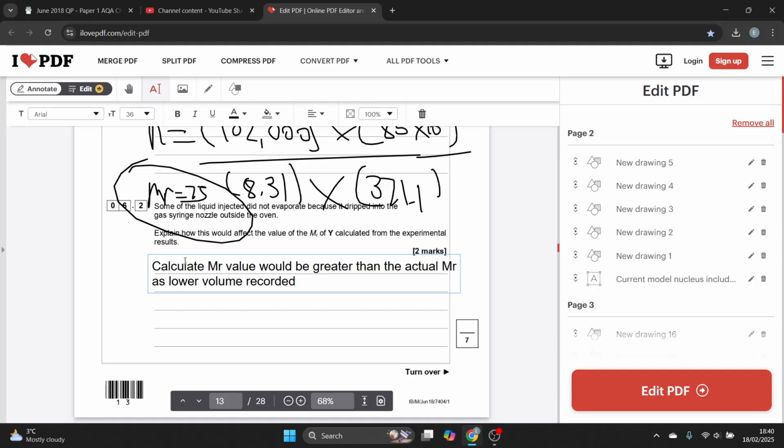Because think about it, some of the liquid injected did not evaporate because it dripped out. So that tells me a lower volume was recorded.